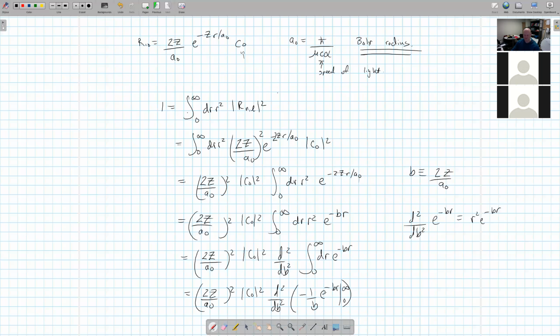For r. Now, at infinity, this thing's going to go to 0. Am I integrating from 0 to infinity? Let's see here. Yeah, integrate from 0 to infinity.